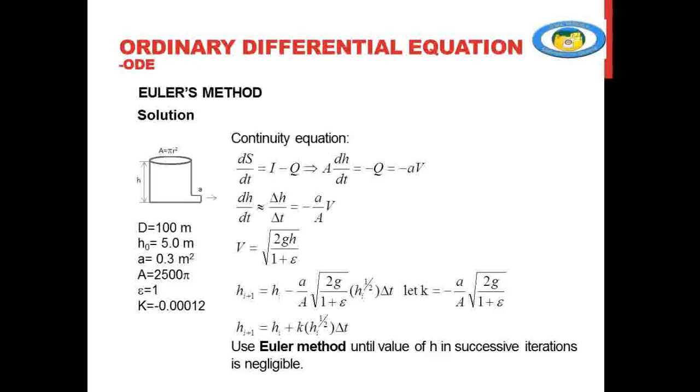First you need to find hi plus 1 using the direct estimate from Euler's method, and then plug it here, and then ultimately you can find the improved value for hi plus 1.